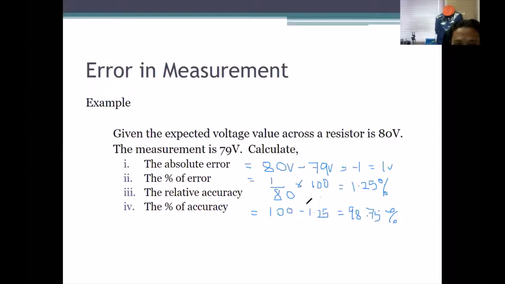And then to calculate the relative accuracy, this percentage is divided by 100. That means 98.75 divided by 100, so the answer is 0.9875. Okay, so this is an example.